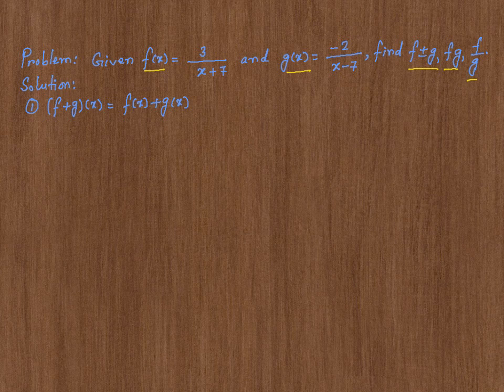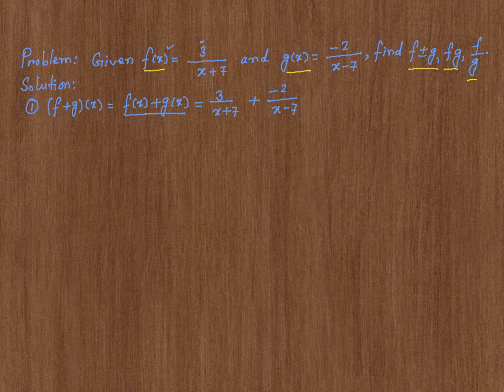So number one is going to be my f plus g of x, which is by definition f of x plus g of x. Now my f of x is this 3 over x plus 7, and my g of x is negative 2 over x minus 7.